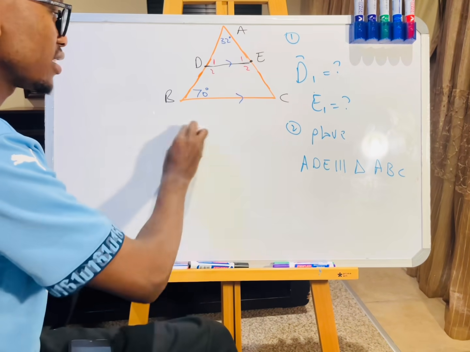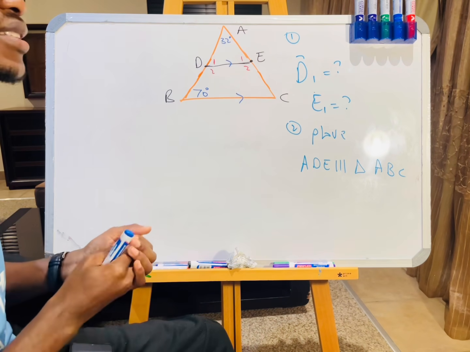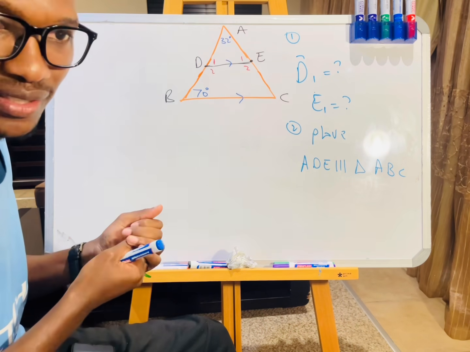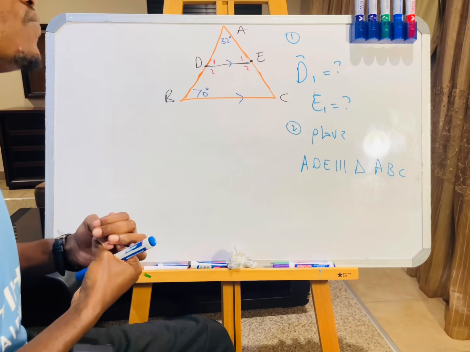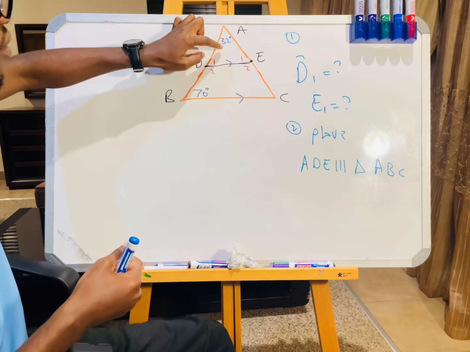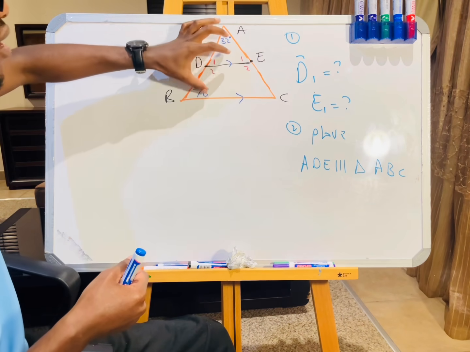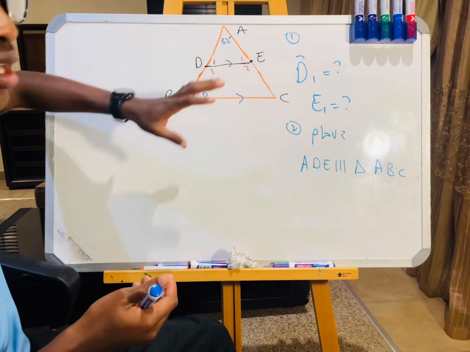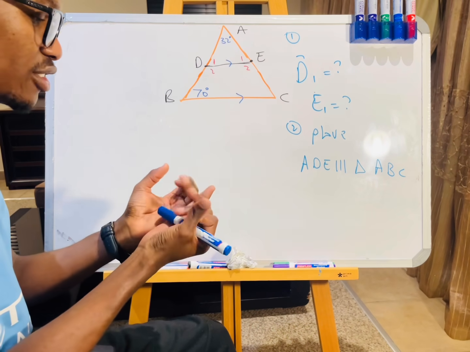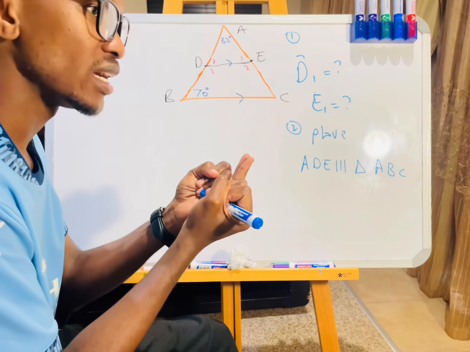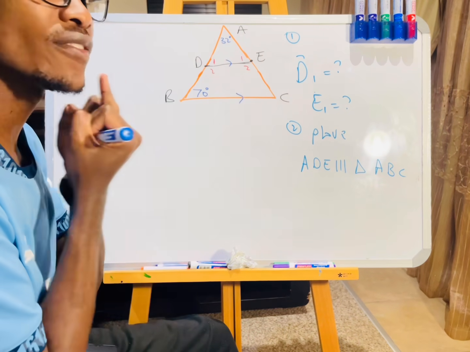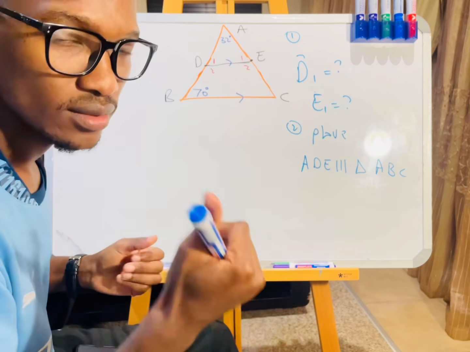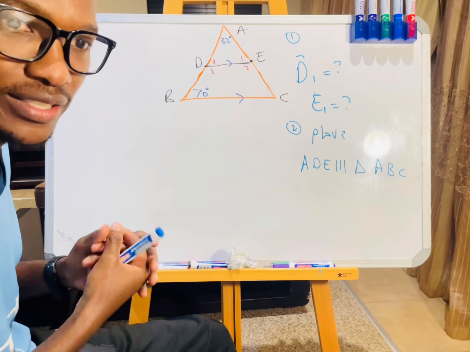Those who do not know, what does similar mean? Similar means that you have 2 objects that are identical, but they have different sizes. The other one is bigger. For example, these 2 might be similar because we have a small and a bigger triangle. That's similarity. But if the shapes are identical and also have the same size, then they are not similar. They tend to be congruent. I hope I clarified the difference there.